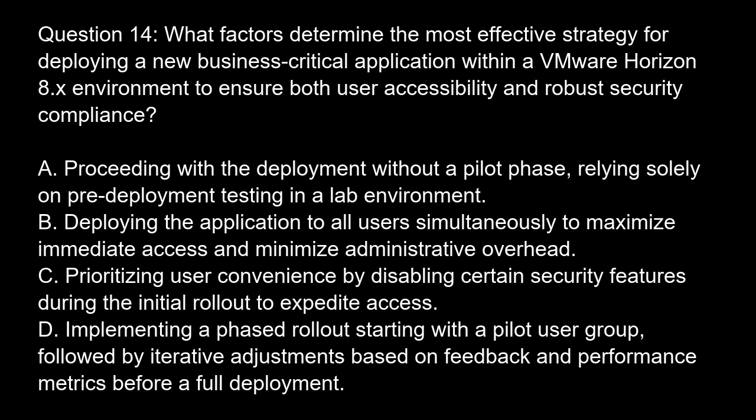Option B. Deploying the application to all users simultaneously to maximize immediate access and minimize administrative overhead. Option C. Prioritizing user convenience by disabling certain security features during the initial rollout to expedite access. Option D. Implementing a phased rollout starting with a pilot user group, followed by iterative adjustments based on feedback and performance metrics before a full deployment.